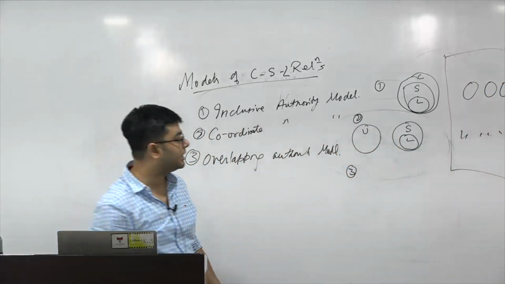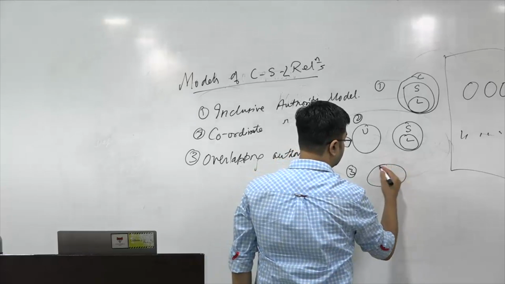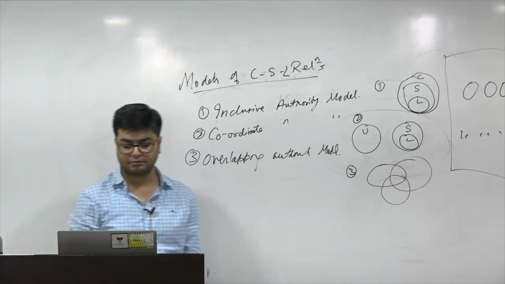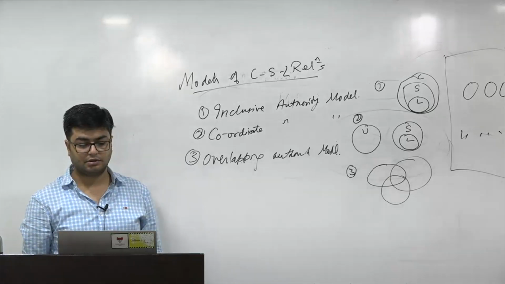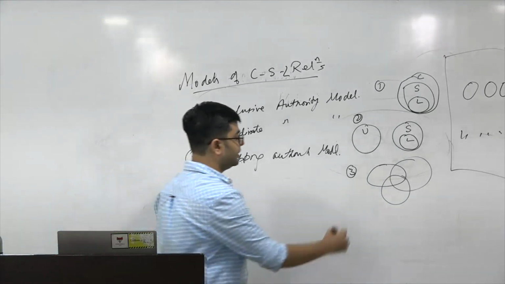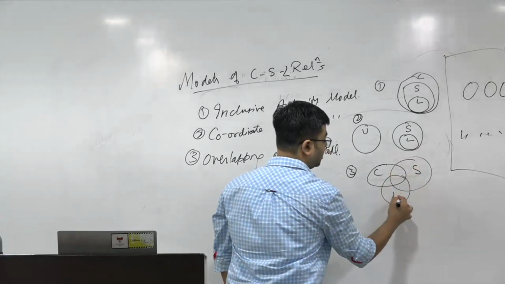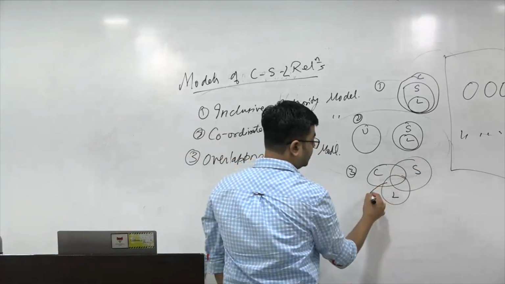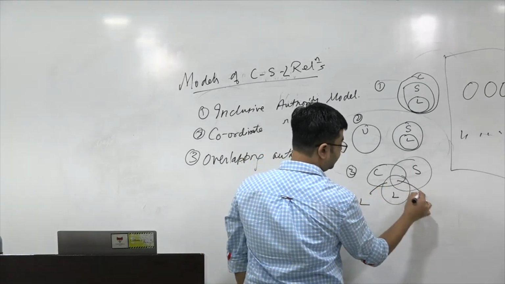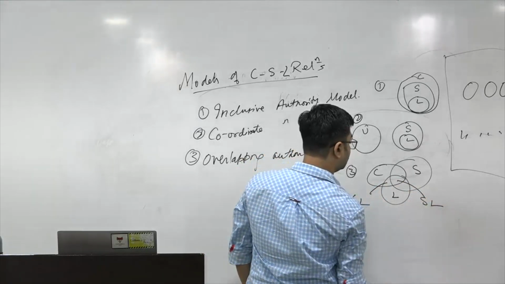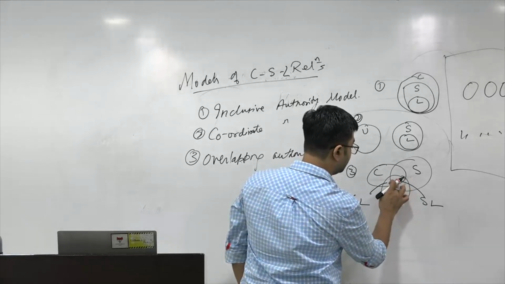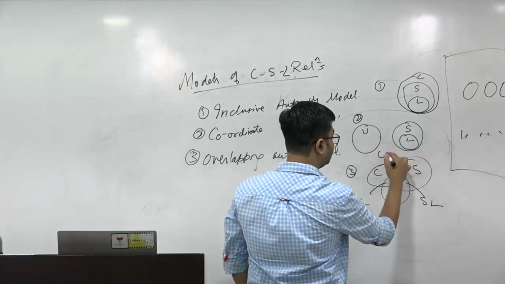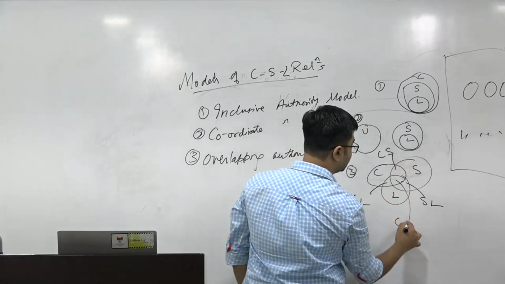This would be something like this. Okay? So you will have center, state, local. This will be center local. This will be state local. This will be center state, and this will be center state local.